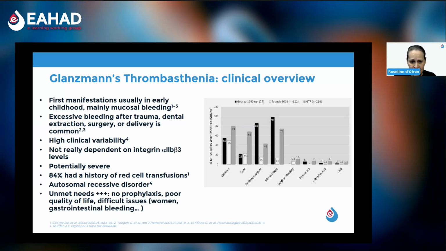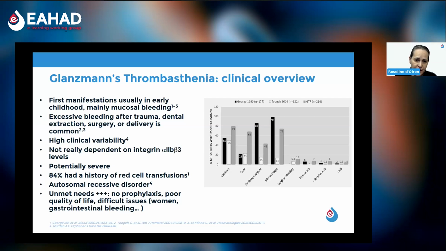These bleeding episodes are very often severe, and more than 80% of those patients with Glanzmann have a history of red cell transfusions. Sometimes these bleedings can be quite severe. The mode of transmission is autosomal recessive, so it means that you will have higher numbers where consanguinity is very important.